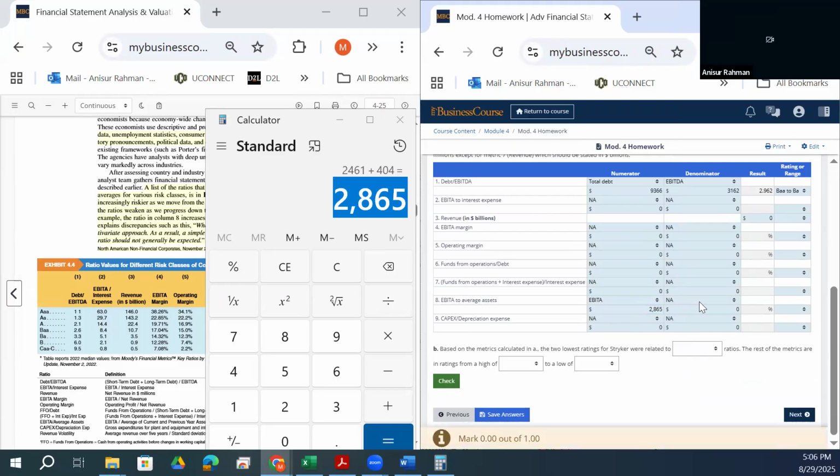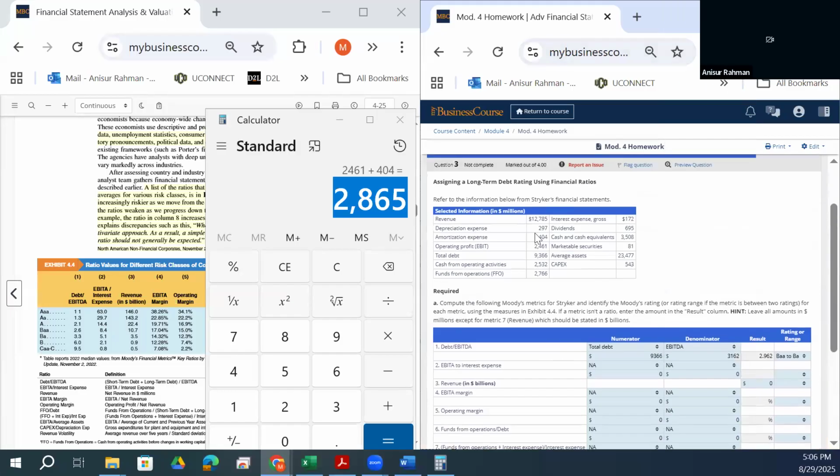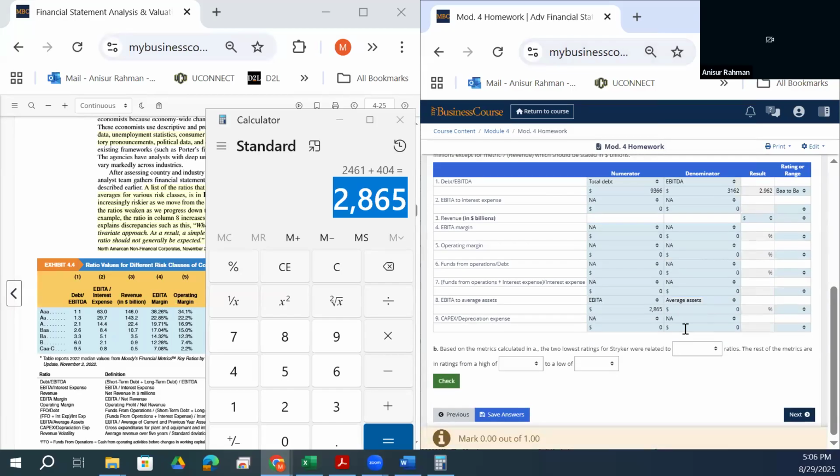And your average assets, which is 23,477. So the good thing about this problem is you don't have to calculate the ratio, right? It is auto-calculated. So now it is 12.20, EBITDA to average assets.